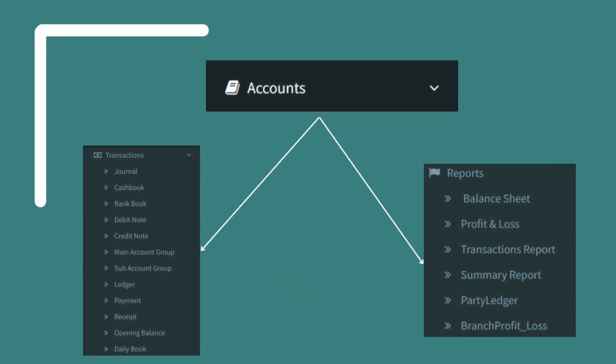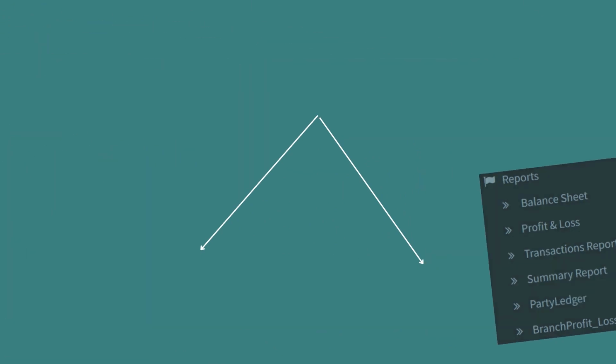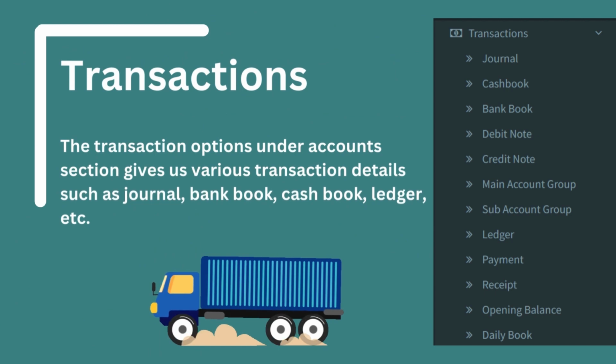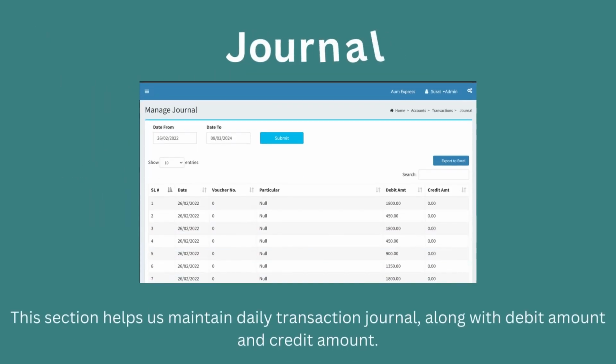Next, we have the accounts section, which is again divided into two parts, namely transaction and reports. The transaction options under the accounts section give us various transaction details such as journal, bank book, cash book, ledger, etc. The journal section helps us maintain a daily transaction journal, along with debit amount and credit amount.